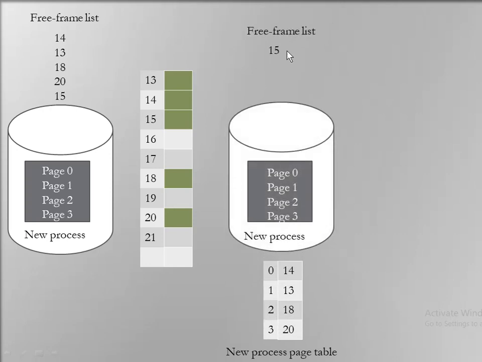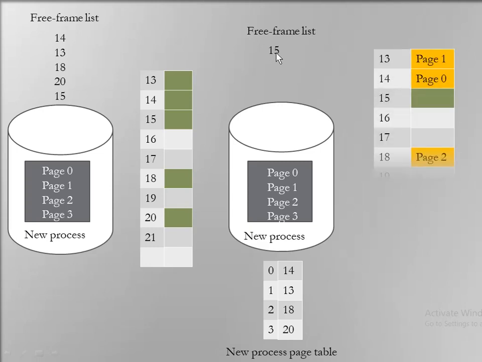In that, only the 15th frame will be available. It is free. So this is your main memory. That yellow color will indicate the new pages entered into the main memory, and that green color will indicate the free frame, that is the available free frame in the main memory.